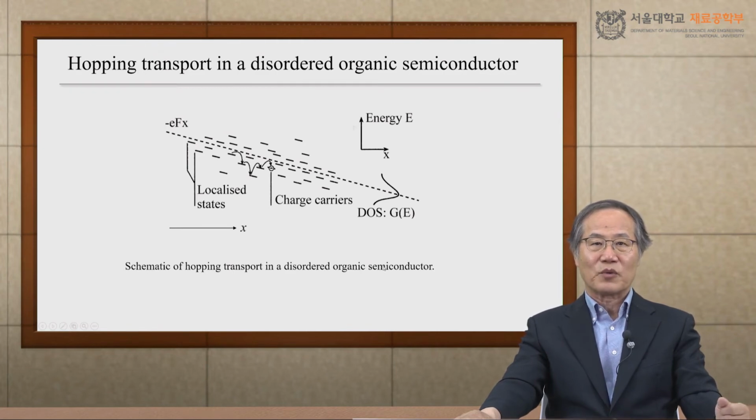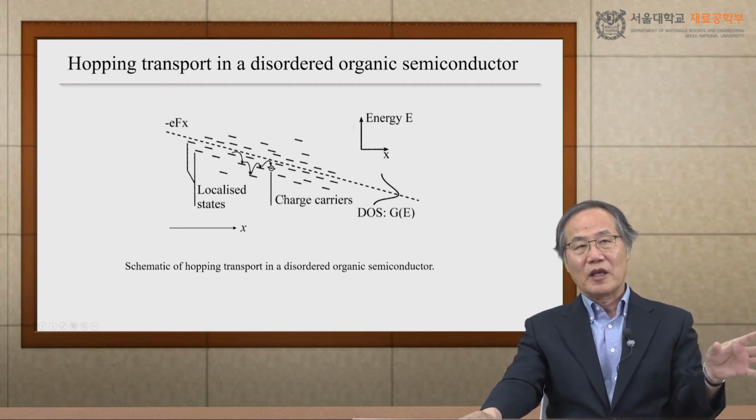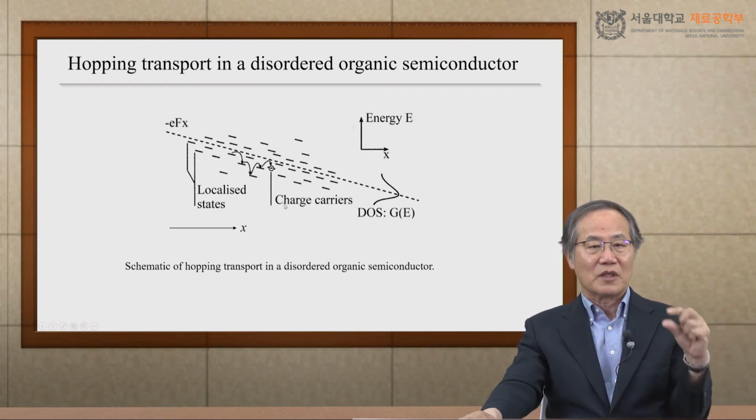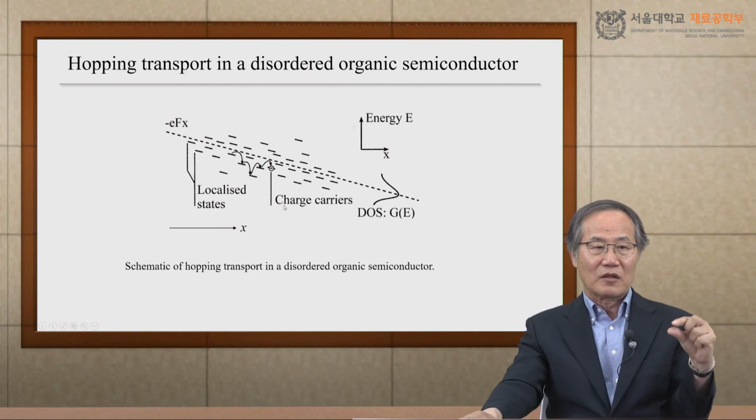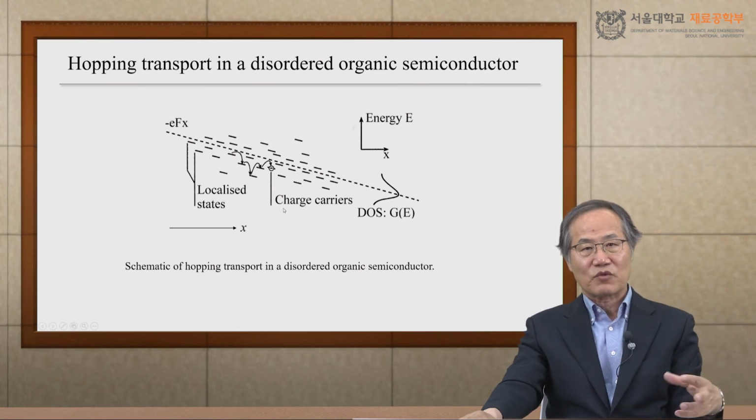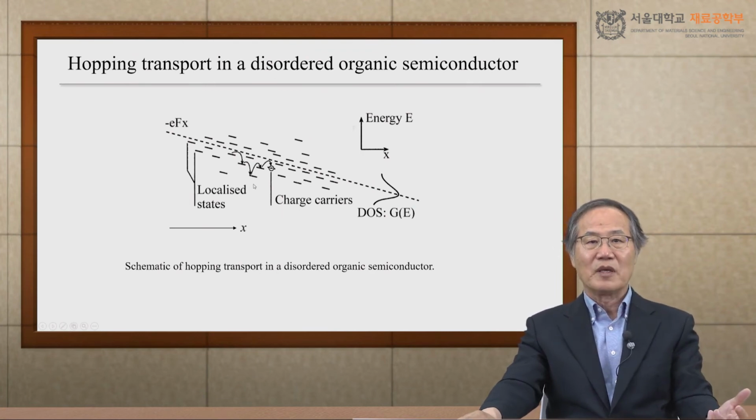There's hopping transport. Now you have molecules, and they do not form very well correlated band structures. Of course, in crystals, it turns out that they form bands, but the bandwidth is quite narrow. And in amorphous cases, hopping transport is dominant. That means hopping is the quantum mechanical tunneling between molecules.